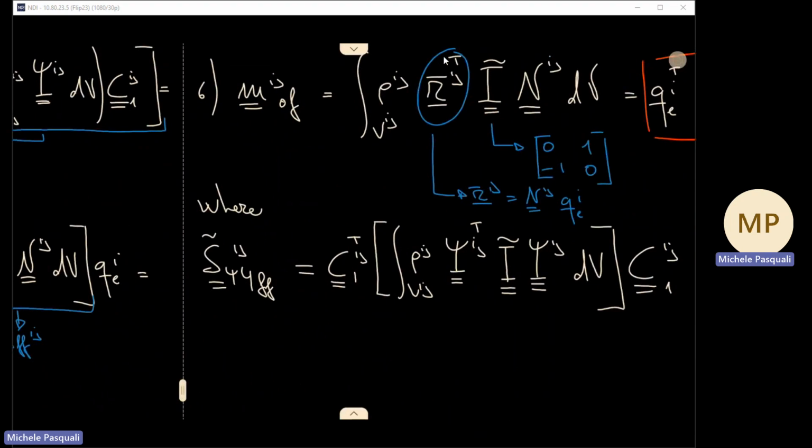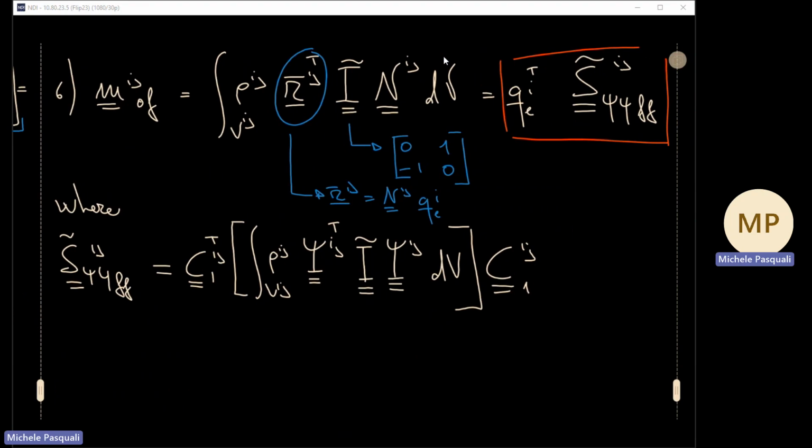So with these three quantities estimated once and for all, we basically have the matrix only dependent on the quantities which we know already, that we want to find actually. So the estimation of the mass matrix is super fast. So basically, this closes the calculation of the mass matrix.